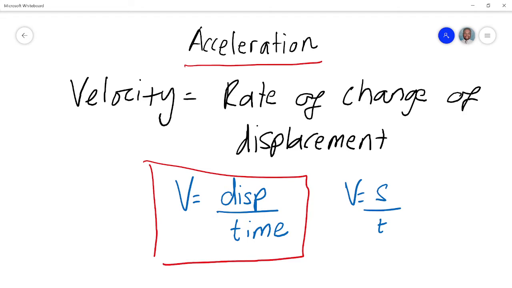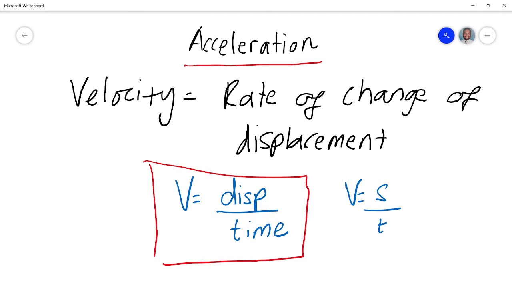If you look at the definitions of distance and displacement, from the eyes of a layman they may sound like the same thing, but you have to remember that displacement is different from distance. Distance is the length between two points, whereas displacement is the length from the start to the end.